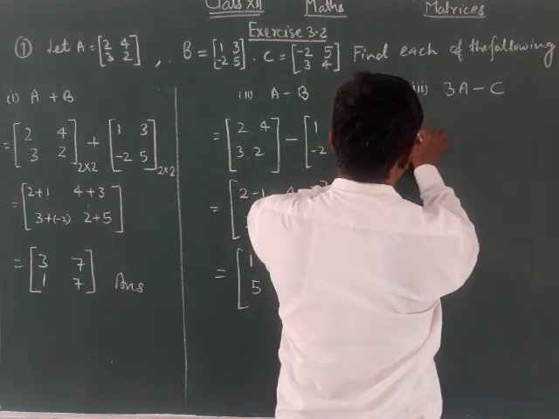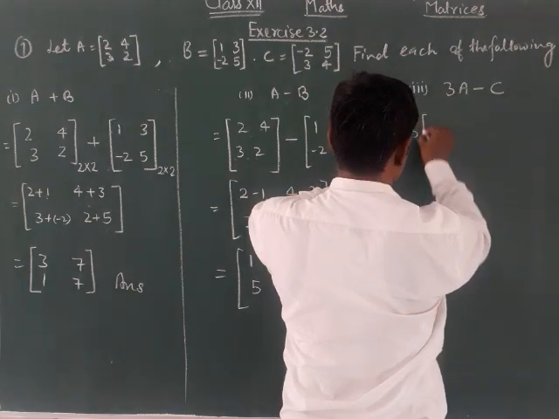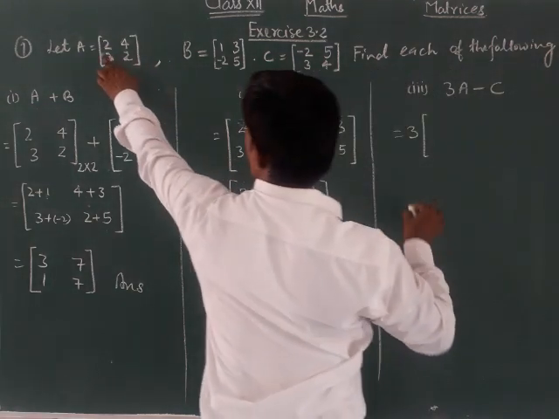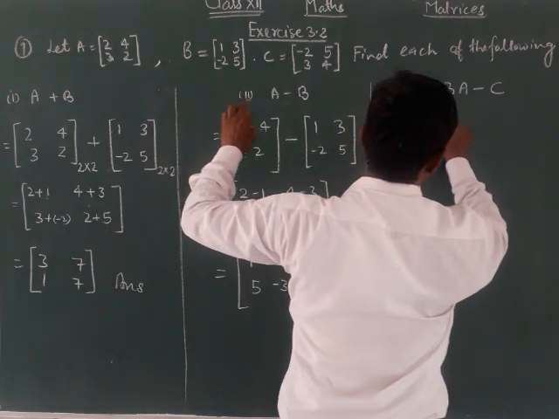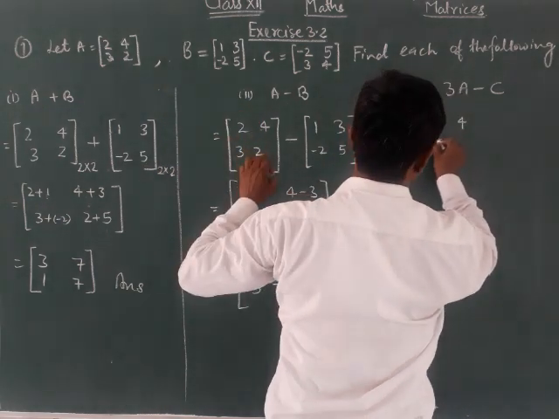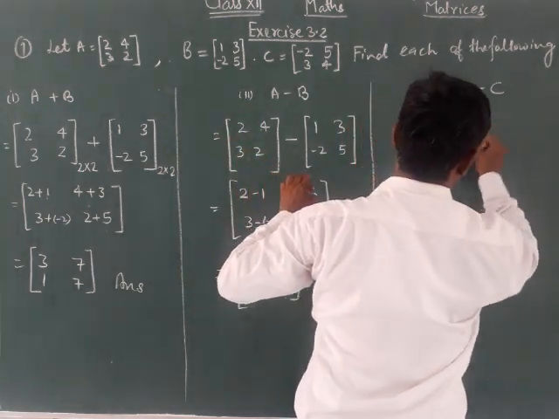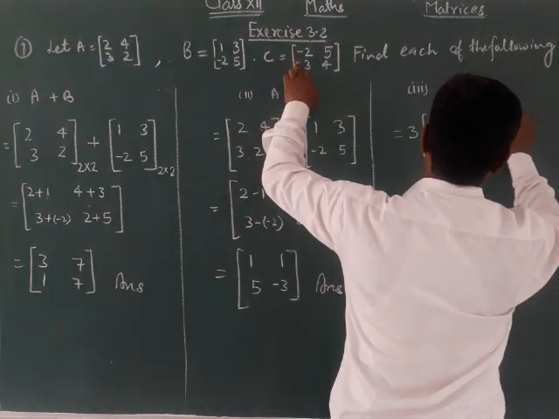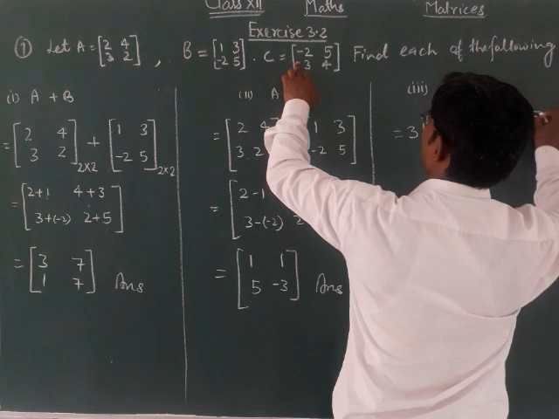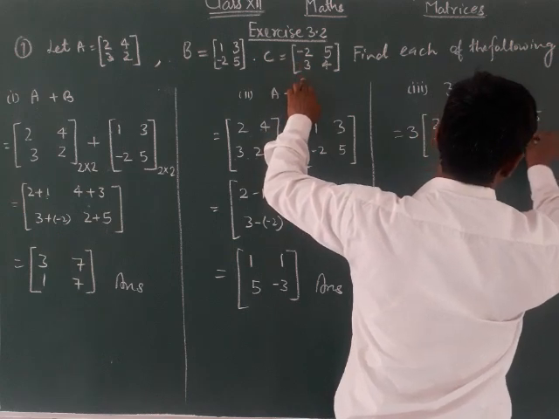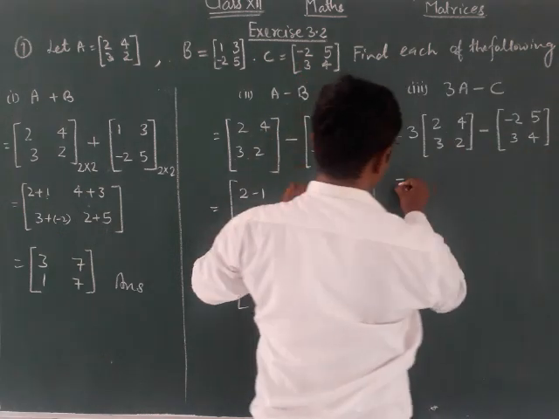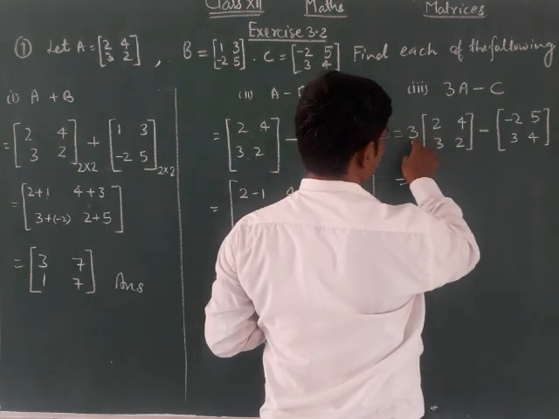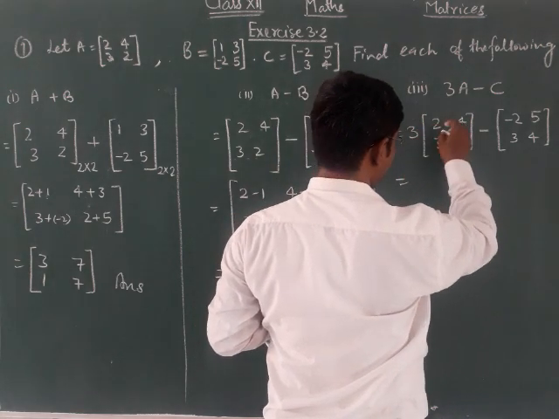And also the third part, this matrix multiplied by 3. So now 3 times the given matrix A, [2, 4; 3, 2], minus matrix C, [-2, 5; 3, 4]. This is a scalar quantity, so it multiplies each element.